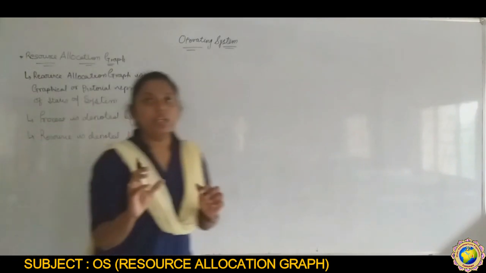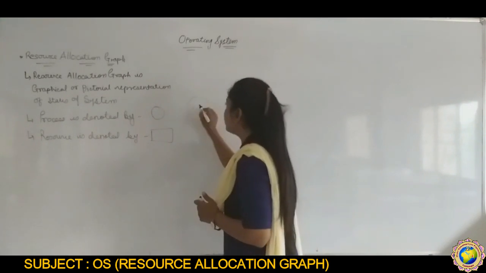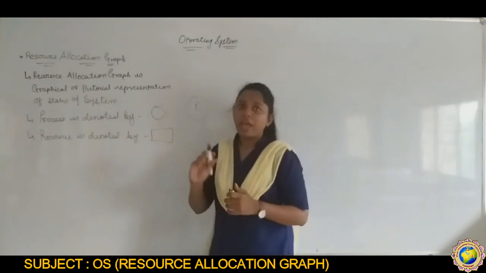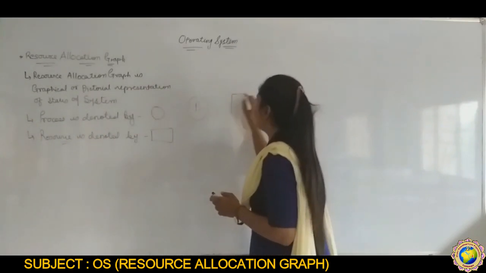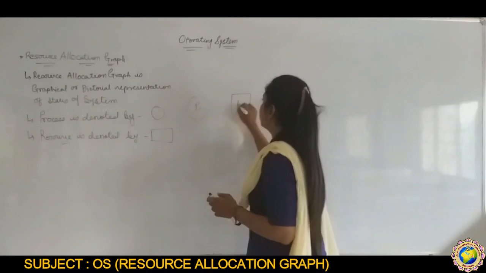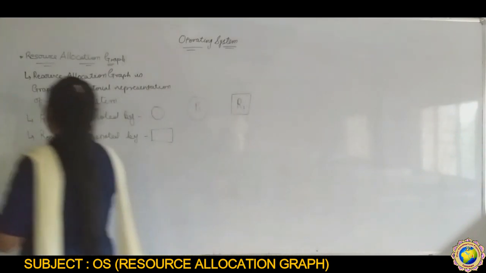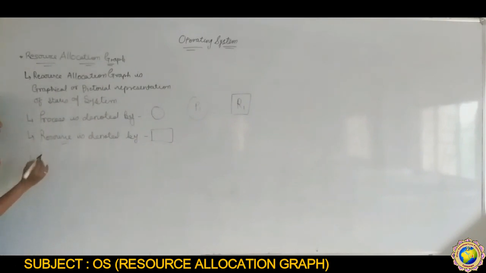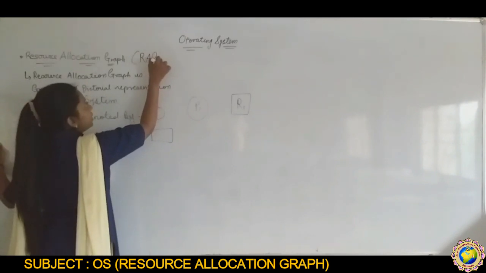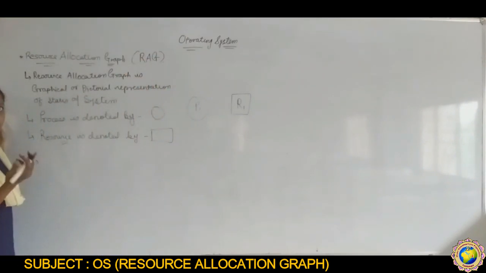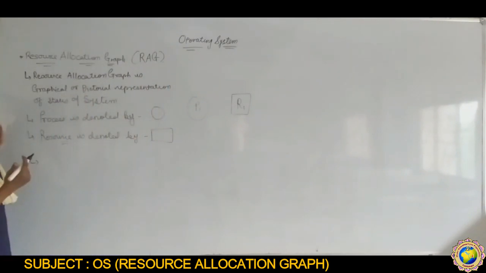Whenever we are showing a process, we denote it like this, and where we are discussing a resource, we represent it like this, right? In short, we can say resource allocation graph is a RAG.